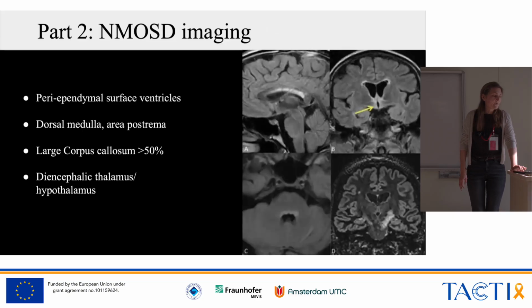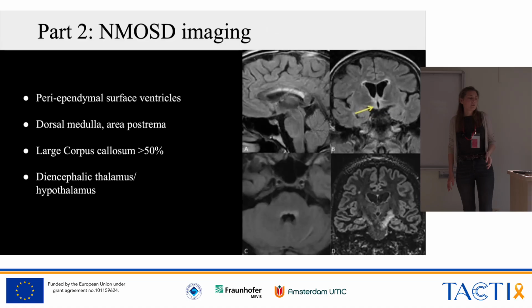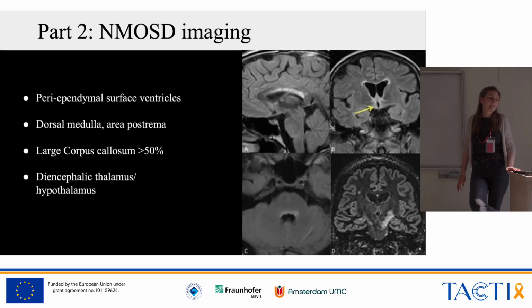Because it's an aquaporin 4 associated disease, if you look at the brain, you will find lesions very close to areas of the brain that have a lot of expression of aquaporin 4. And this is usually around the ventricles. So we look at lesions around the ventricular system, hypothalamus, for example, the aqueduct.